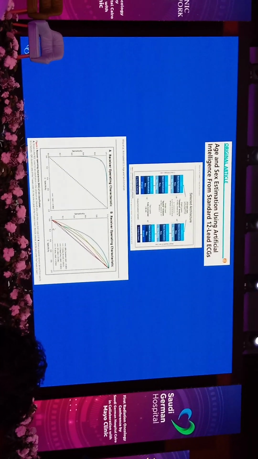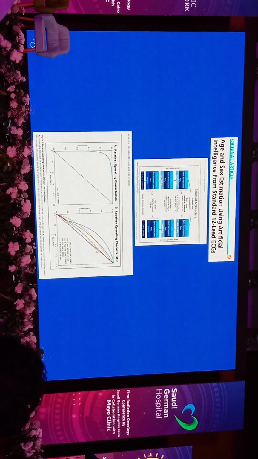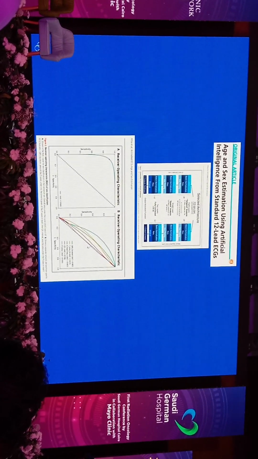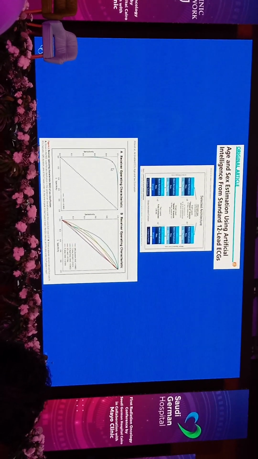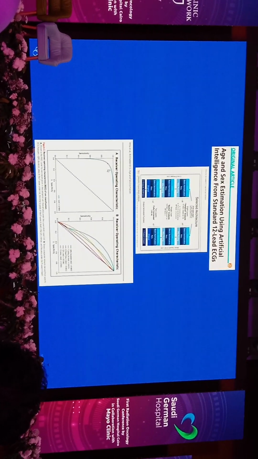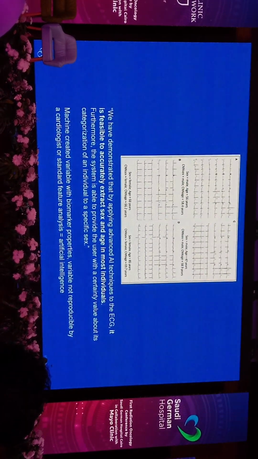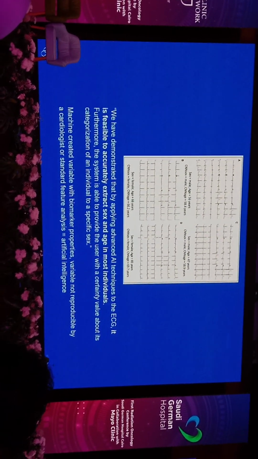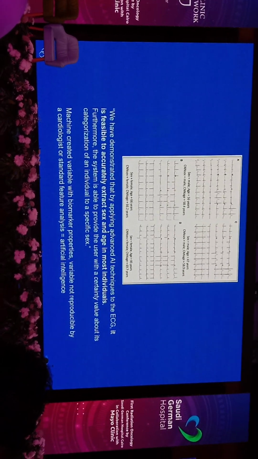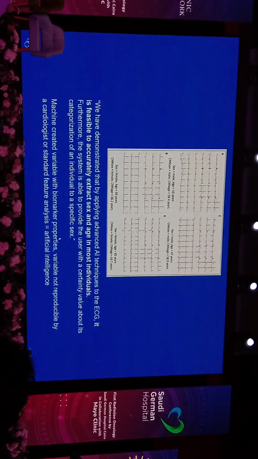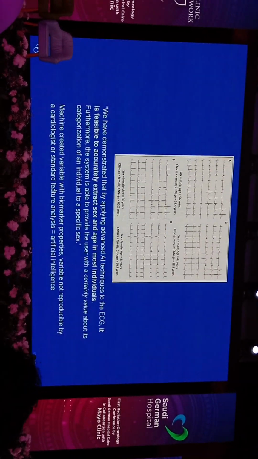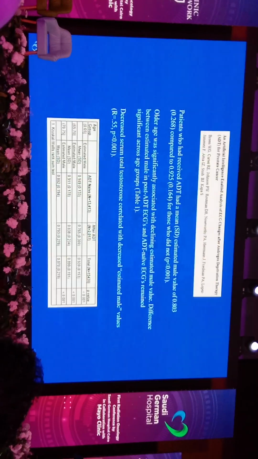And it did a better job than any previously defined features or than a human can do. So a human can't look at an ECG and necessarily predict AFib or sex in the same way that the computer can. And so accurately predicting sex and age in most individuals is a breakthrough in artificial intelligence because it's a biomarker property that otherwise didn't exist.